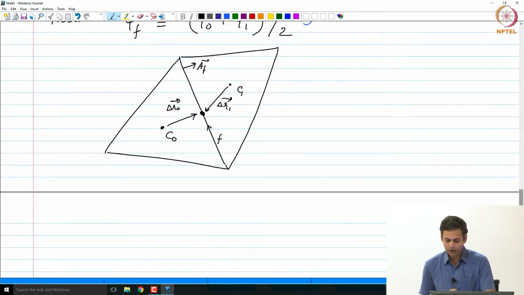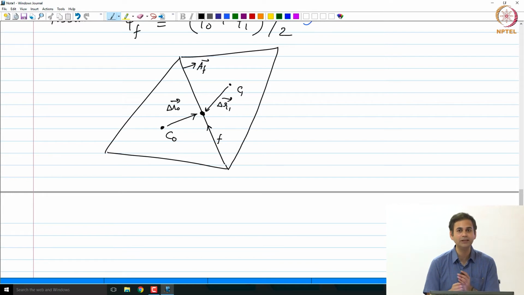Now, can I use a Taylor series expansion, not just in 1D, but a general Taylor series, and relate the value of phi f to phi 0? If it were 1D, we know how to do it.